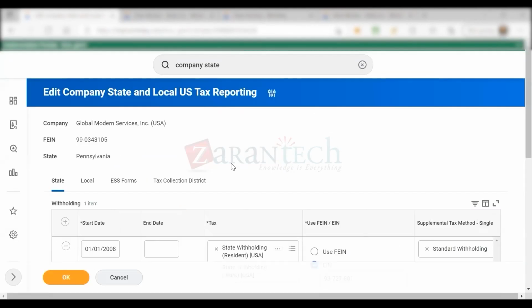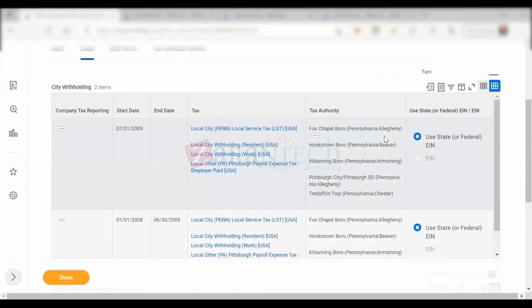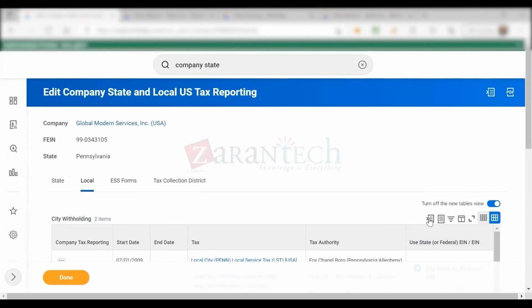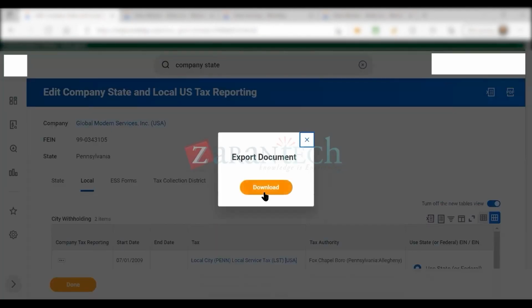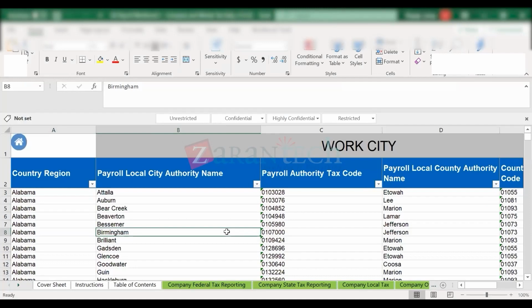And here, especially if you go to the second one, the local one, I will click on OK. Okay. You have export. That's interesting. You have a support button there. But let's see how it comes back.